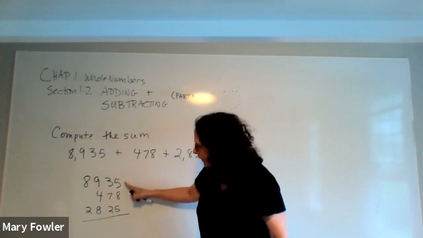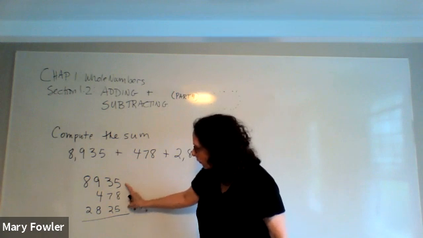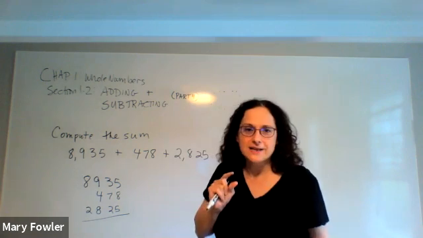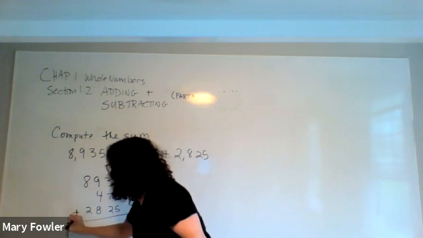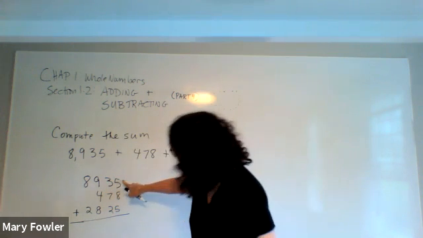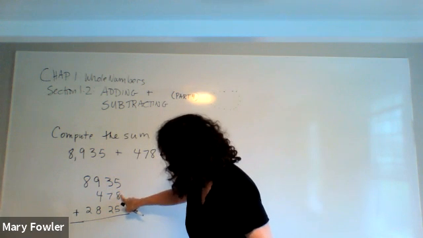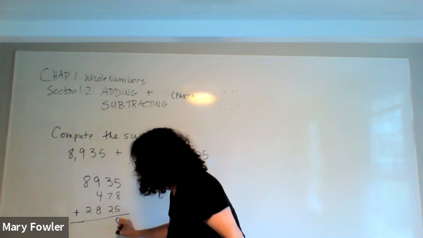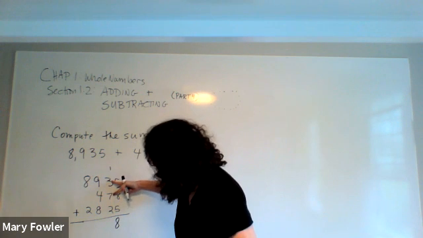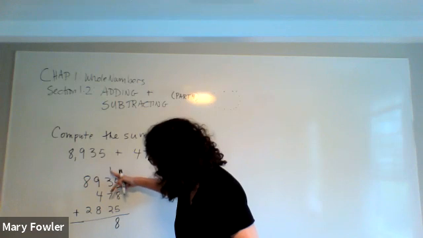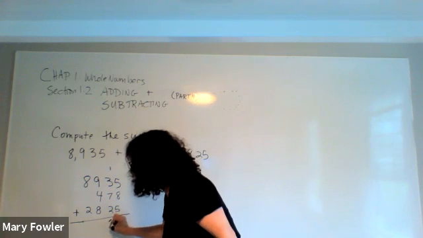So 5 plus 5 is 10. I'm always looking for the 10s when I add, by the way. It wouldn't be a bad idea to have a plus sign there. Okay, so 5 and 5 is 10, and then we add the 8, that's 18. So we put the 8 and carry the 1. I see 7 and 3 is 10, and 3 more is 13.